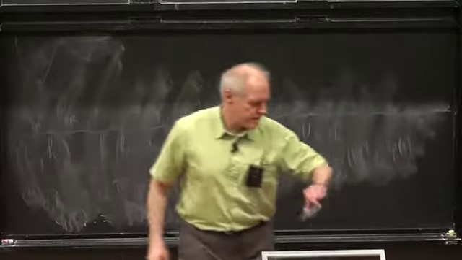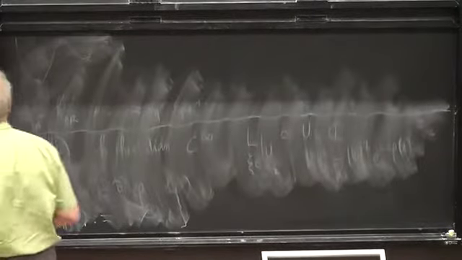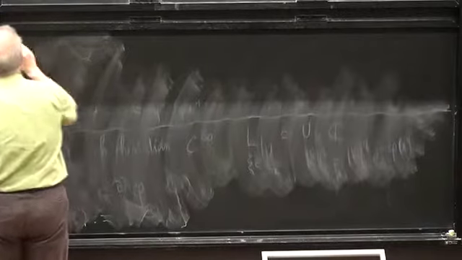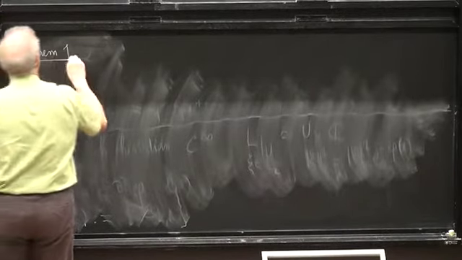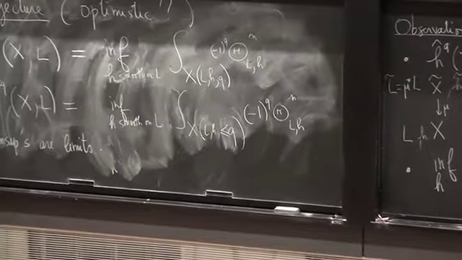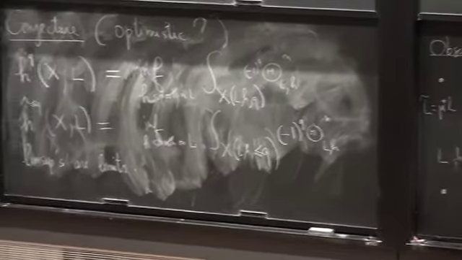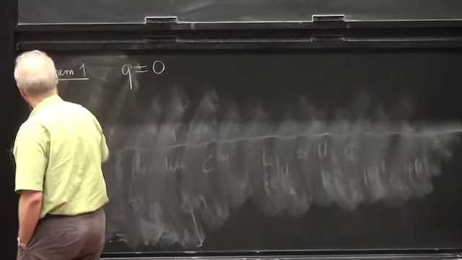Okay, and now I can state two theorems. So theorem 1: the conjecture, the optimistic conjecture, is okay for q equals 0. So in that case, it's called the volume.